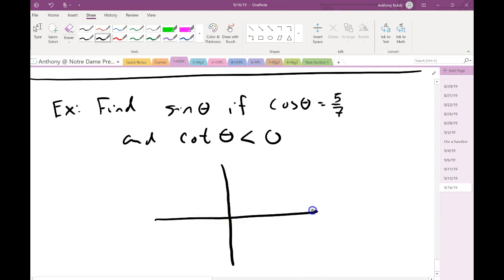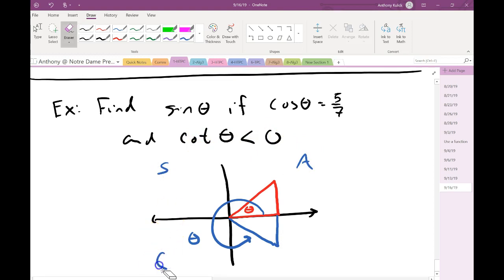So the way we want to do this is I know cosine is positive at two locations. It's positive here in the first quadrant, or it's positive here in the second quadrant. I know cotangent is negative the same place tangent is negative. I know in the fourth quadrant sine and tangent are negative, so I know I must be talking about this angle theta.